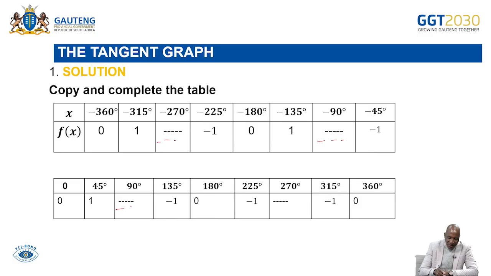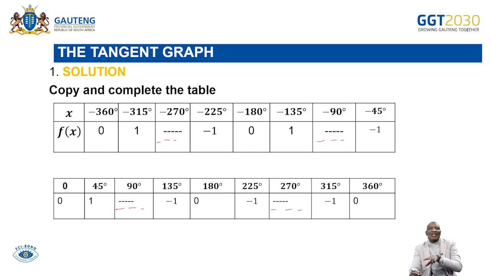So it means we are going to have vertical lines at negative 270, at negative 90, at 90 as well as 270. So basically at plus or minus 90 is a line of asymptote, plus or minus 270 is another line of asymptote. Where is our graph crossing the x-axis?